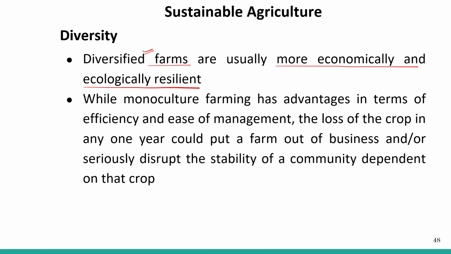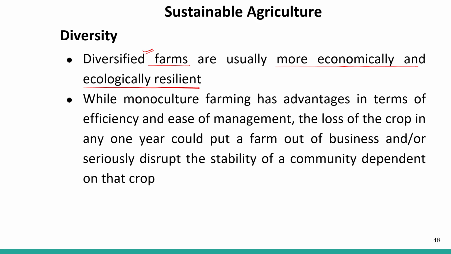And what will happen? After a time, that particular soil will not have that nutrient, and the crop which you are growing every year will not grow because that nutrient is not available in the soil, right?